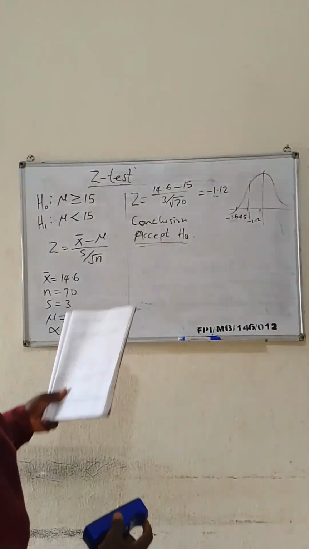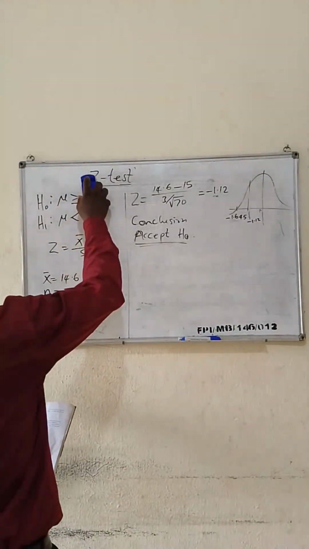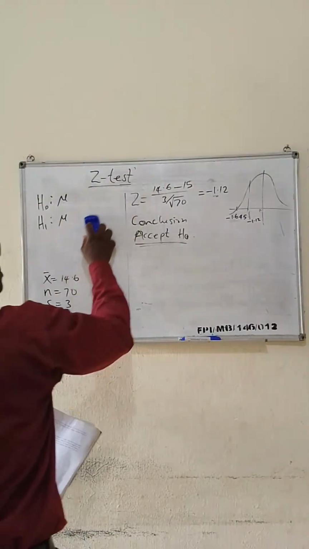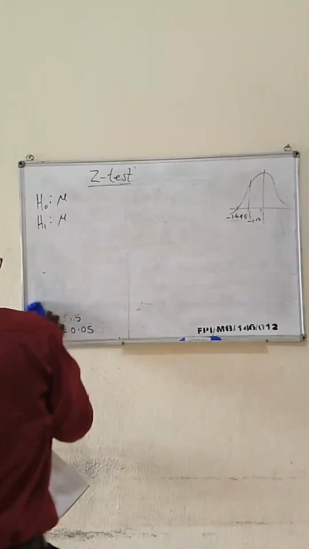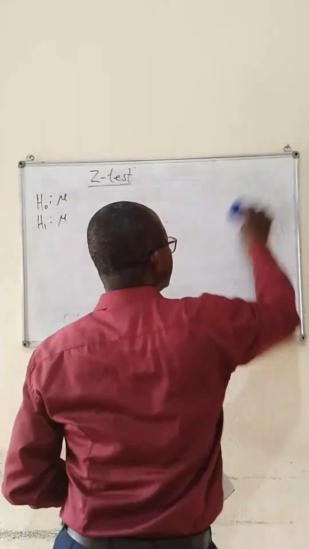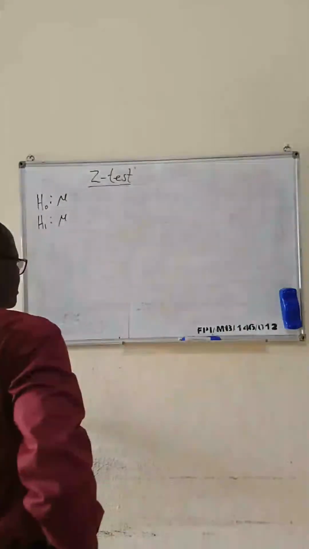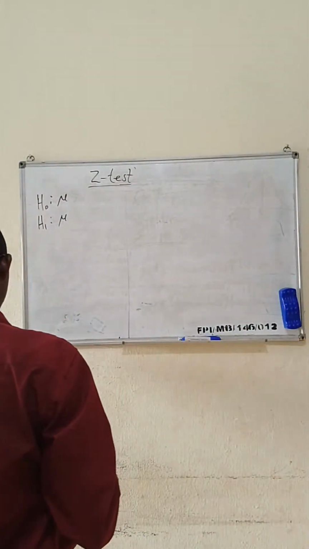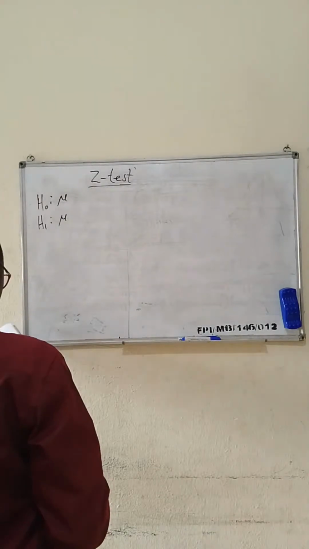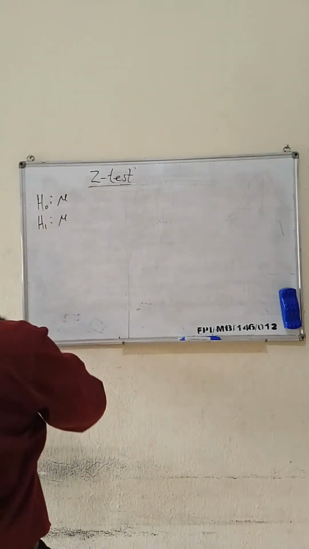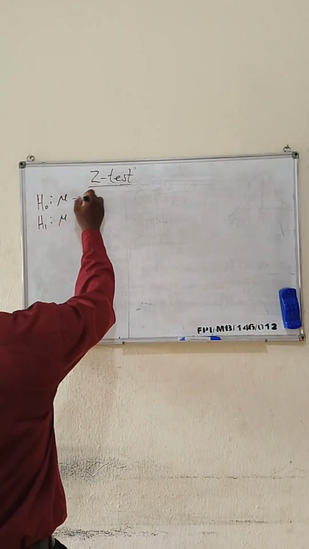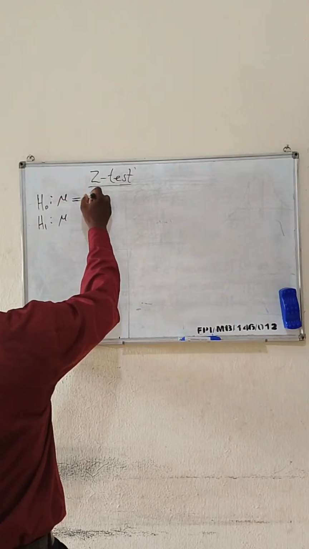So having got this one, let's go to the second one. The second one also, we will write the hypothesis. That is the first part to start from. Null hypothesis, mu equals 1.0.